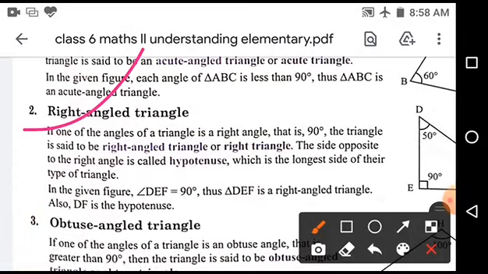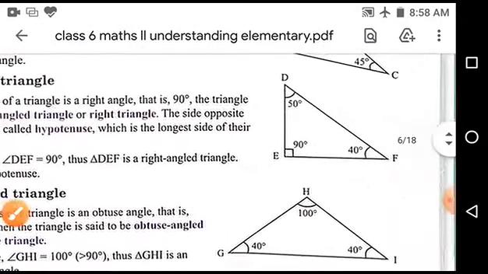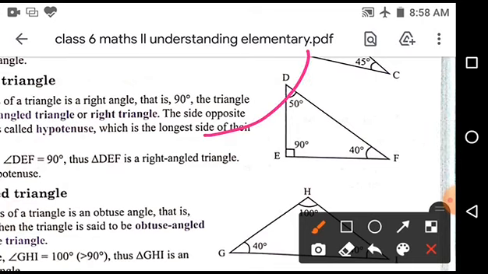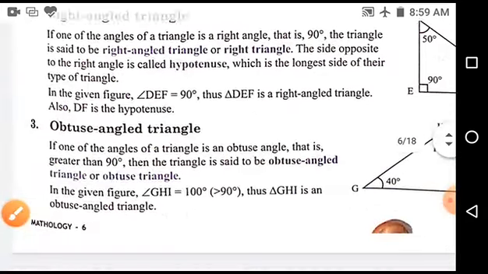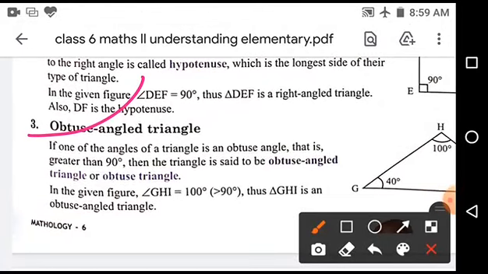If a triangle contains one 90-degree angle, then such a triangle is known as a right angle triangle. You can see in the diagram that triangle DEF contains a 90 degree angle at angle E, so this is a right angle triangle. Next one is the obtuse angle triangle.